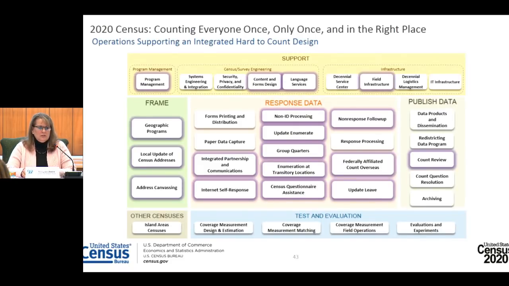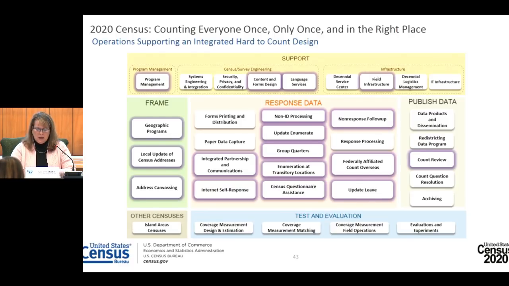Shown on this slide is our 2020 Census operational placemat. As mentioned earlier, our efforts to consider, plan for, and ultimately enumerate hard-to-count populations is woven through our entire operational design. Highlighted in purple are those operations making the most significant contributions to supporting an integrated design for the hard-to-count.